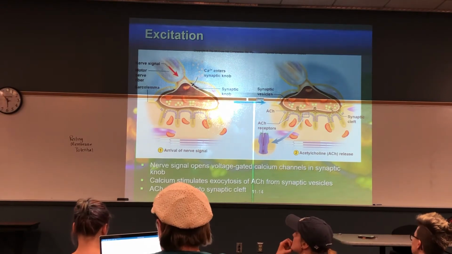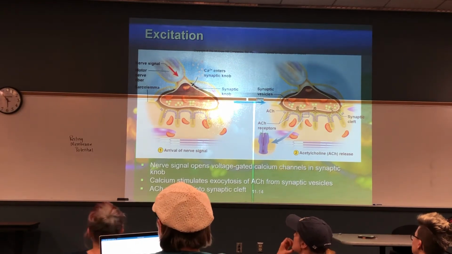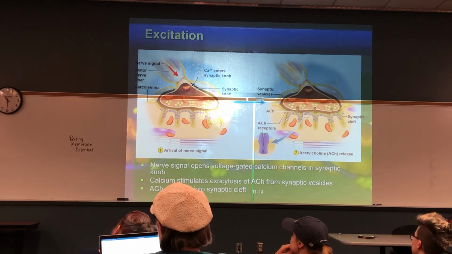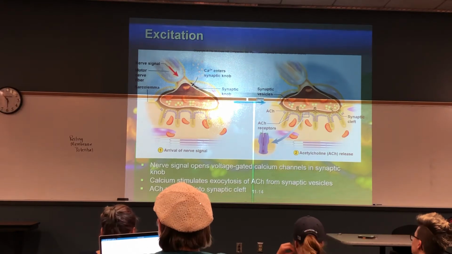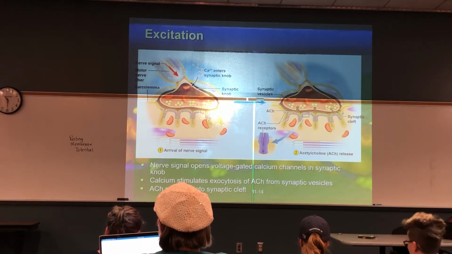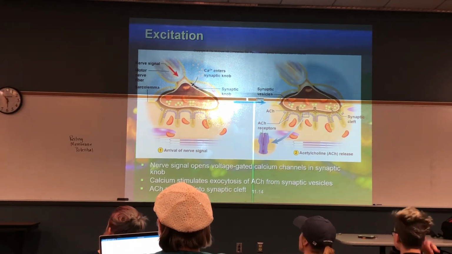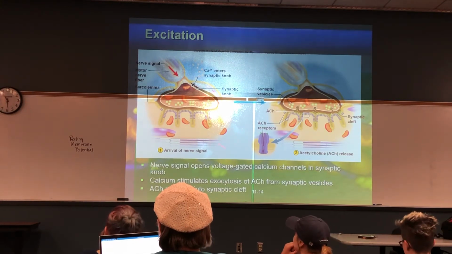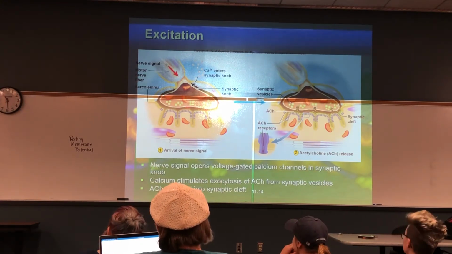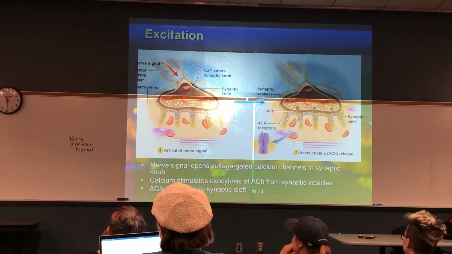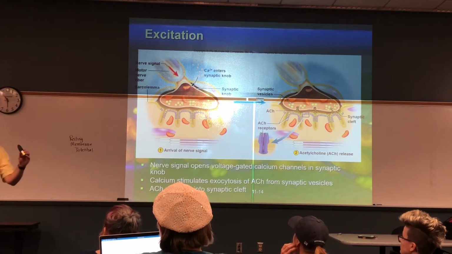So calcium rushes in, and the purpose of the calcium is to trigger the release of acetylcholine. So it tells all these sacs, all of these vesicles, to move to the edge and to dump and release all of their chemicals in this gap called the cleft. You guys remember what that process is called? Not when you're eating something, but when you're spitting something out. What is it?